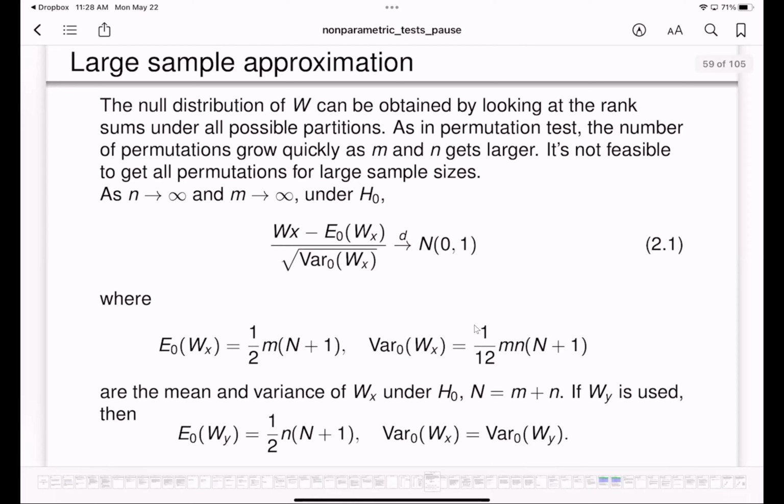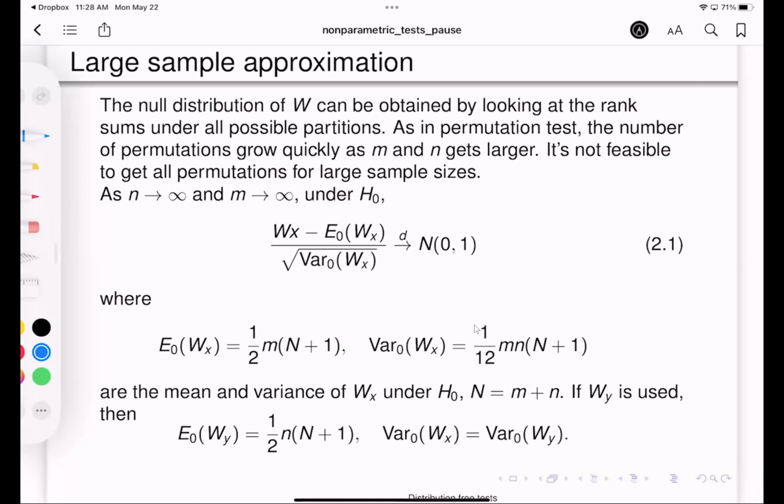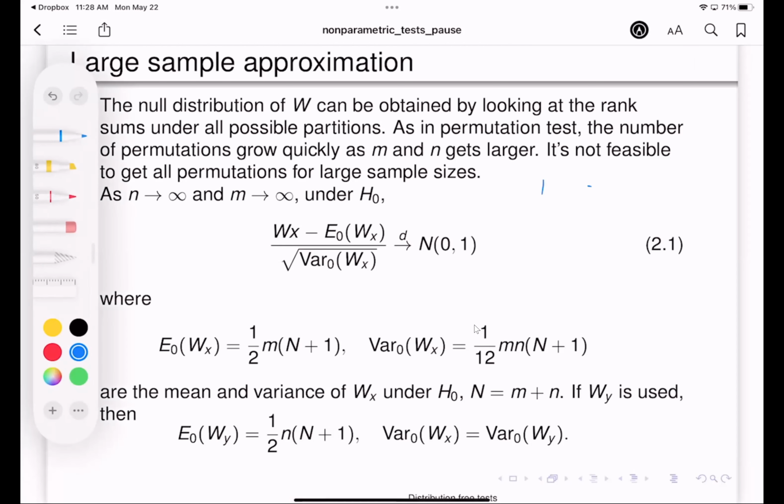Why is that? Because if all of the observations are equally likely to receive any rank from 1 to N, where N is the total sample size, then the mean of these rankings is the middle. I'm sorry, here we were talking about 1 to N being the possible rankings, and the middle would be (N plus 1)/2.